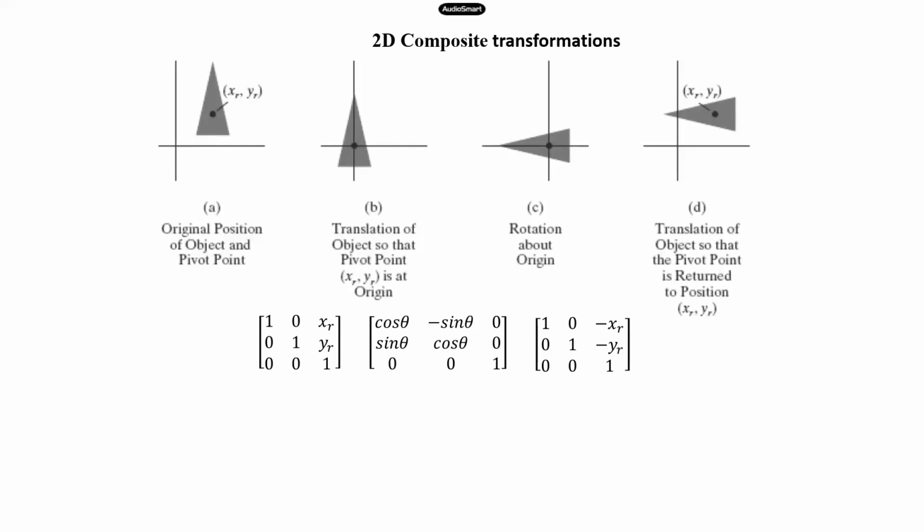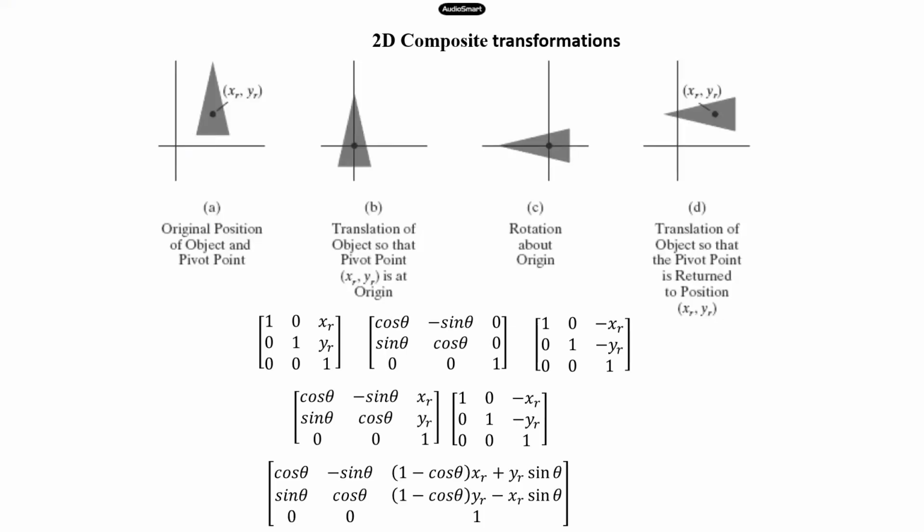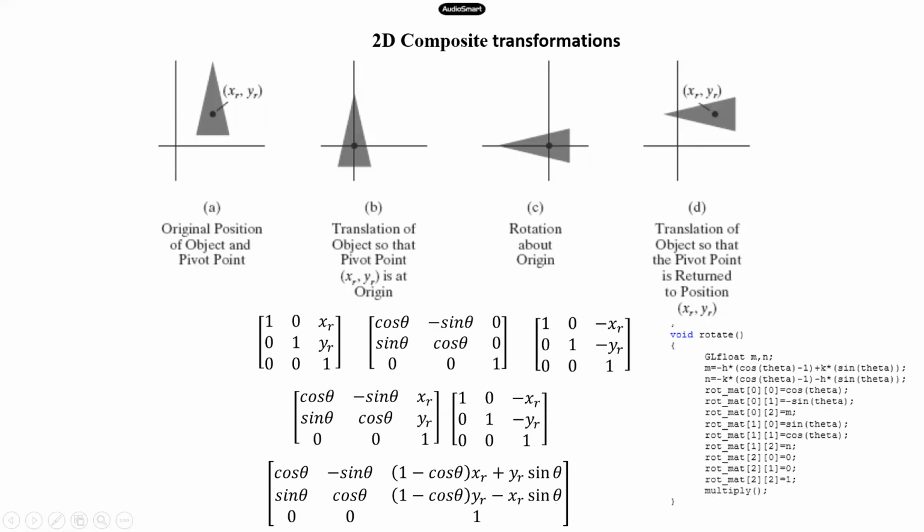Considering the homogeneous coordinate representation, we get the composite matrix: cos theta, minus sin theta, and the last term is (1 minus cos theta) times xr plus yr sin theta. Similarly, sin theta, cos theta, (1 minus cos theta) times yr minus xr sin theta, then 0, 0, 1. This is the code given in the program also.